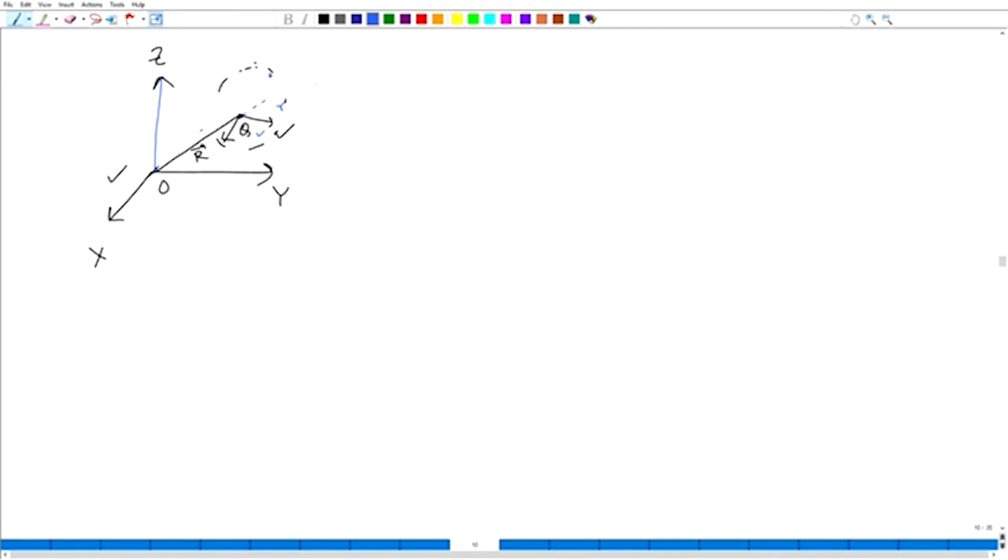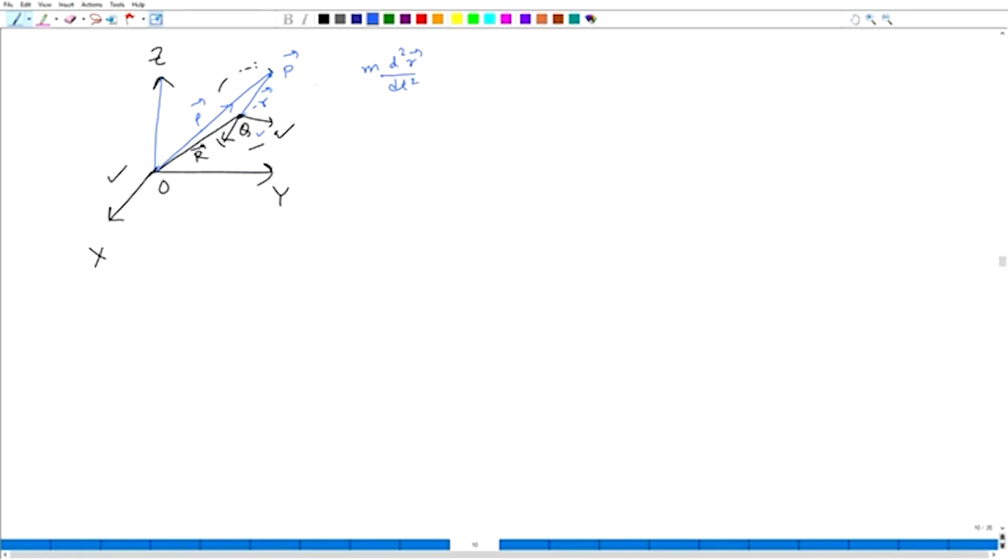So, I can make the point under consideration, whose motion is being studied, to be P. From O to P I now make a new position vector which I call rho. So, this is actually small r. Now we want to calculate m d2r/dt2.